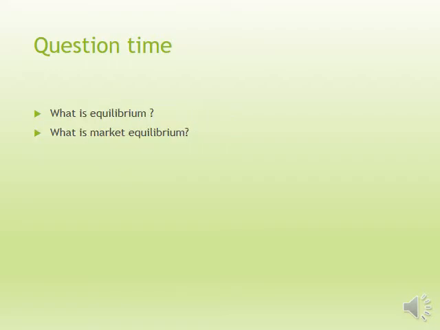Now, we're going to move on to a new thing, which is called market equilibrium. This is basically the interface between supply and demand. What would happen if we put the supply and the demand curve on the same graph? They would intersect, wouldn't they?